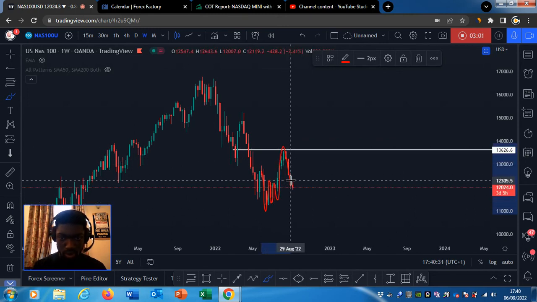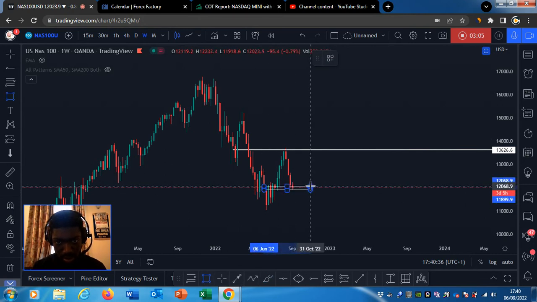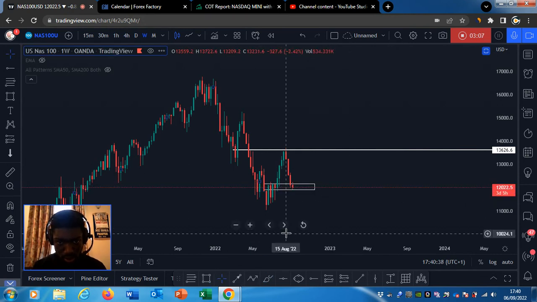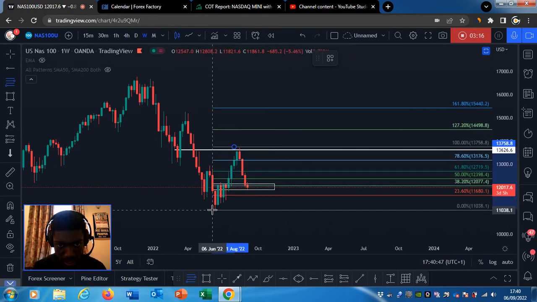So what we're seeing is a bullish double bottom.